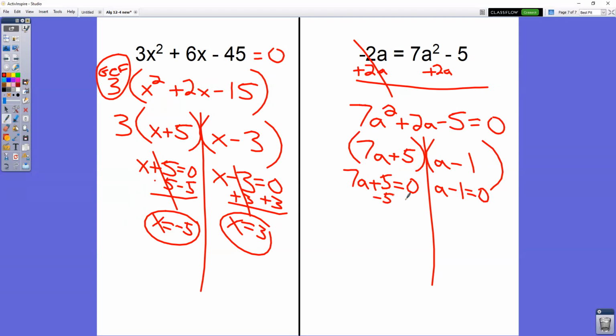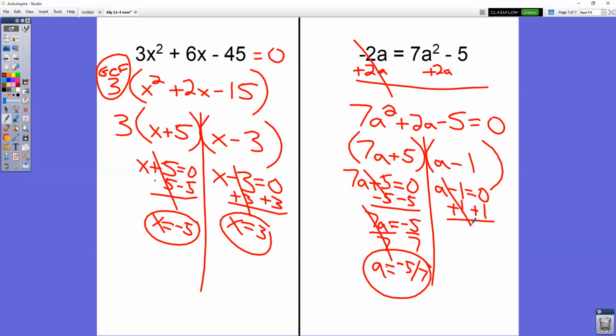And solve. I would just leave the negative 5/7 as a fraction because anything over 7 is an ugly number. Plus 1, so a equals 1.